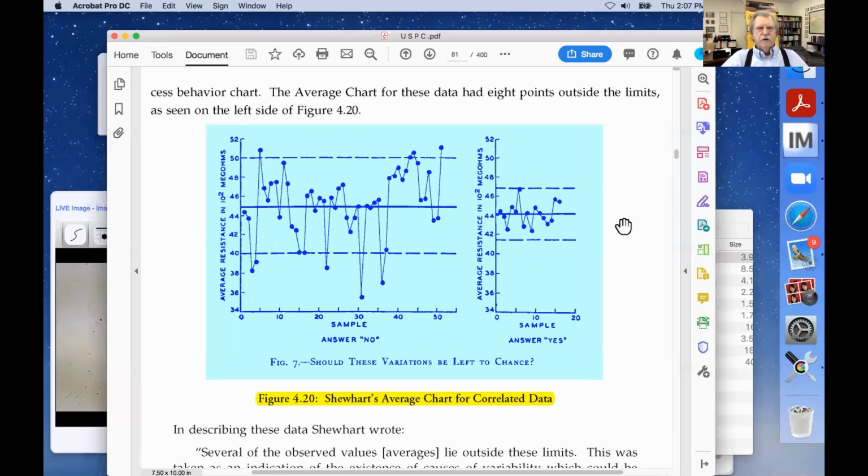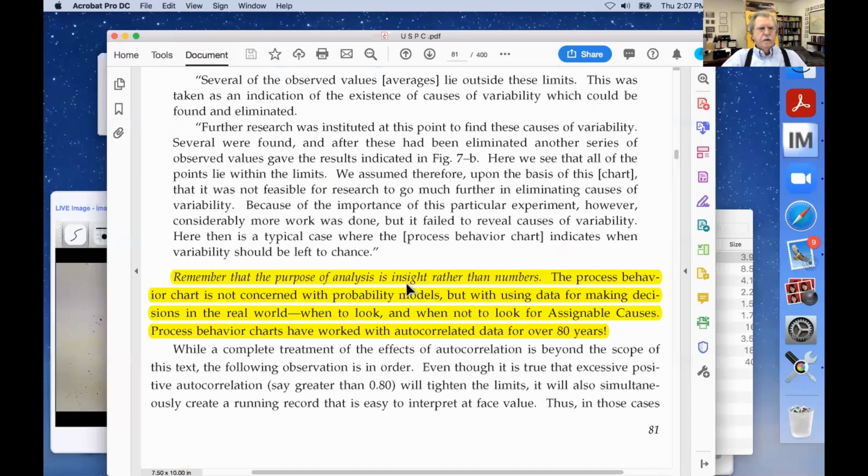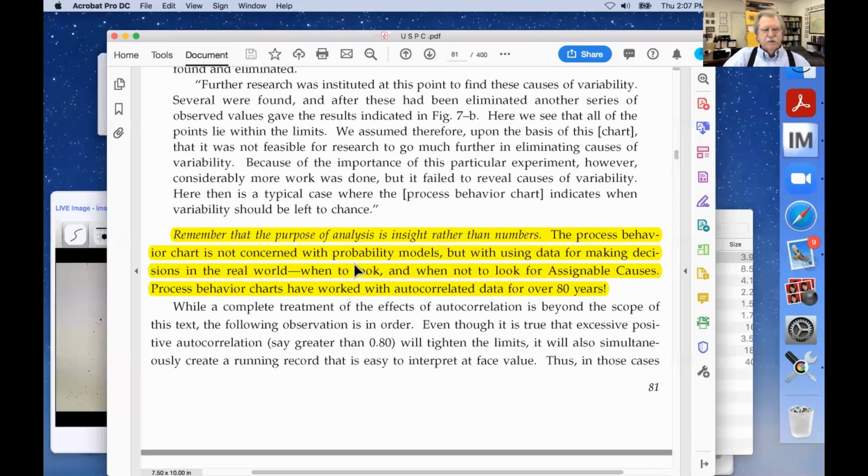Here then is a typical case where the process behavior chart tells you when to look for assignable causes and when to stop looking and let the variation be left to what you are calling chance." You see, the purpose of analysis is insight rather than numbers.